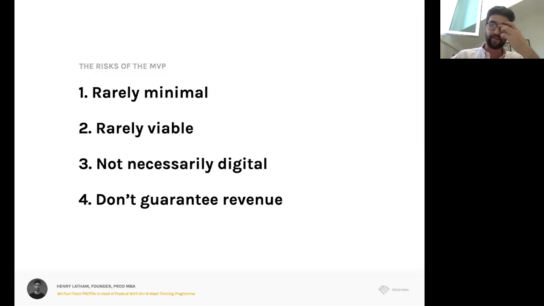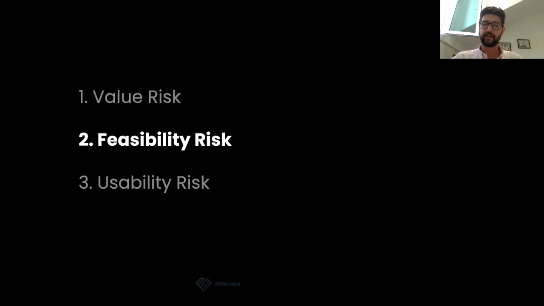Or maybe the team is not technically capable, and the MVP may just become a mess, and we end up with something that doesn't really solve anything for anyone, with teams committing in error to what they hope would become a viable version of their solution. So it's a fine line there with viability.